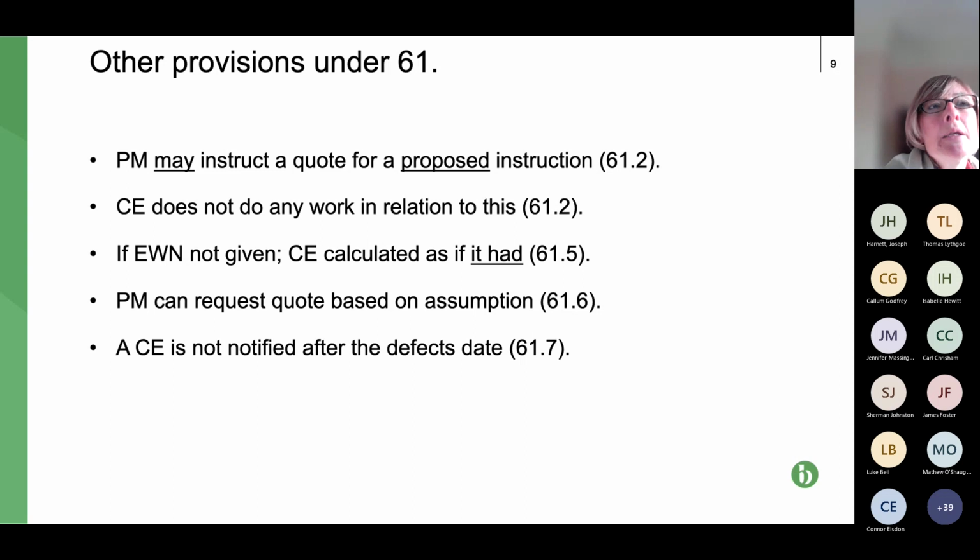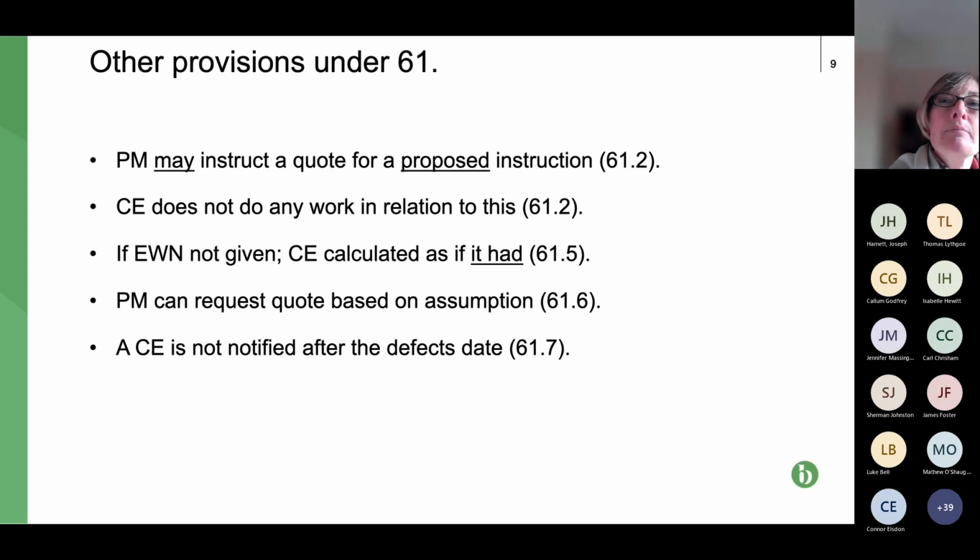Fourth bullet point, the project manager can request a quote based on an assumption. So this is clause 61.6. Why would they do that? Well, the quote has got to cover all items that would be anticipated within the CE and include an element of risk.